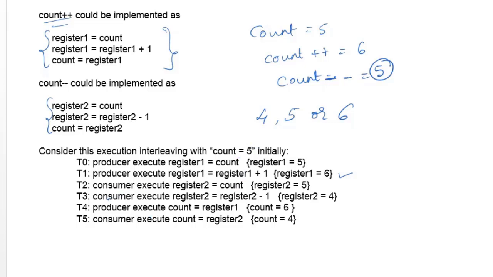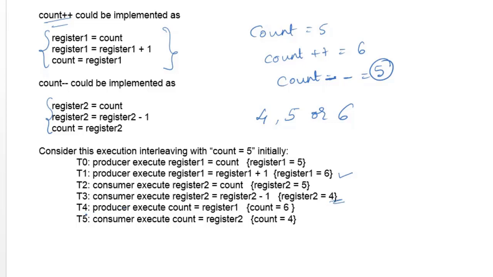And at time t3, the consumer itself gains the CPU access, so it is executing the second instruction, decrementing register 2 by 1. We are getting 4 here.